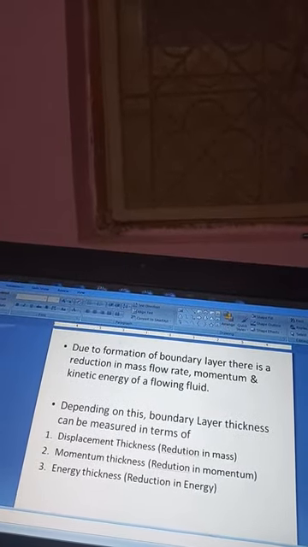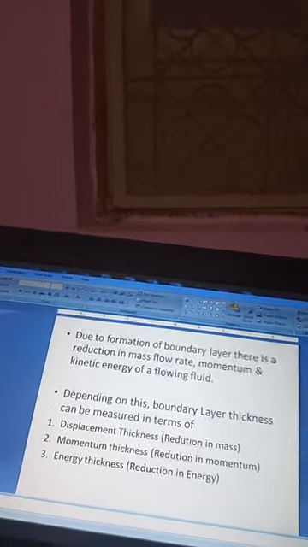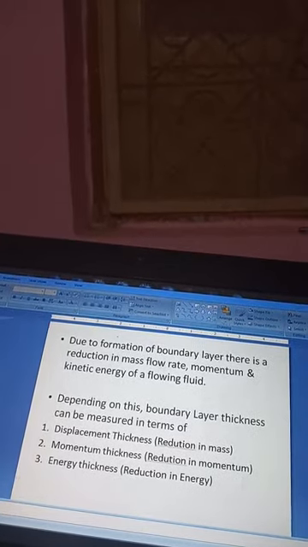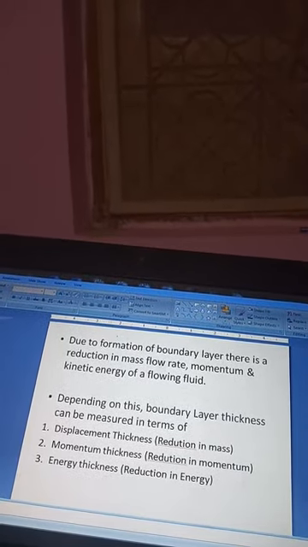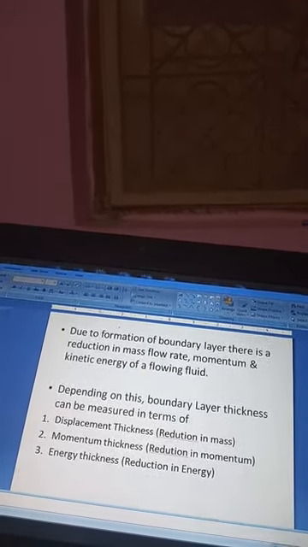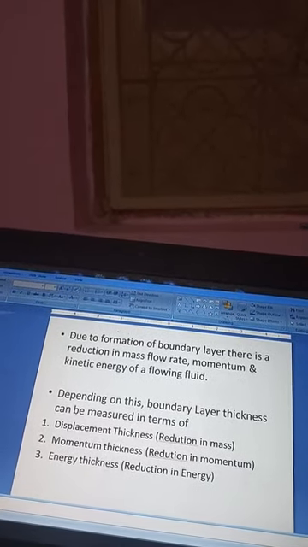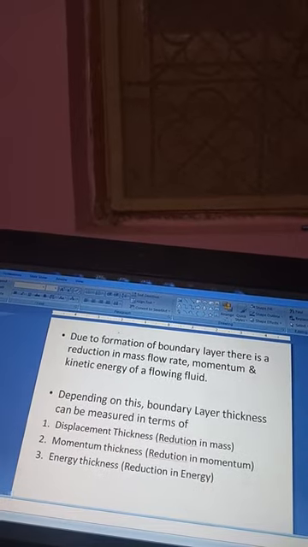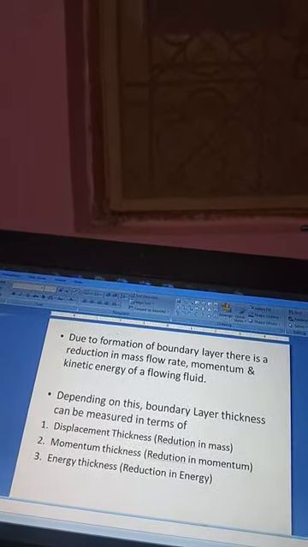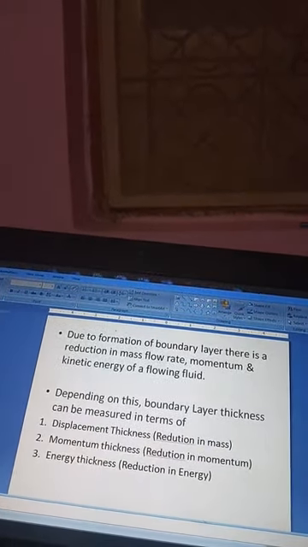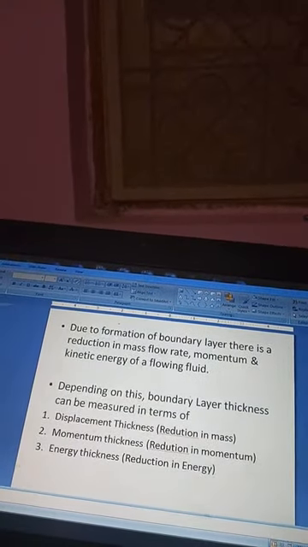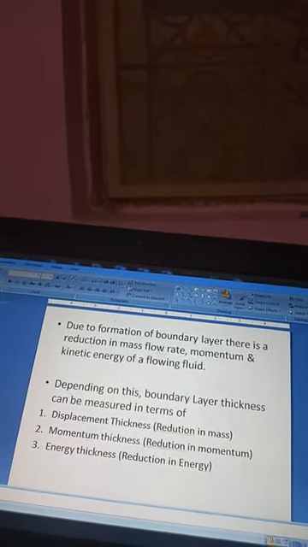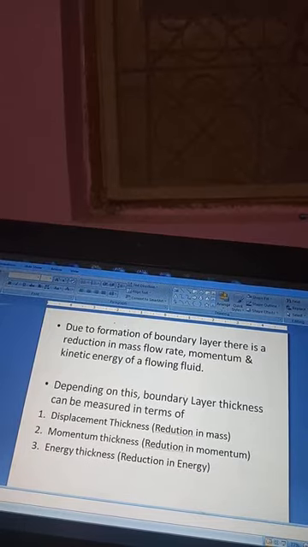So let us study the different terms involved in this boundary layer. As I have already told you, due to the formation of the boundary layer, there is a reduction in mass flow rate, momentum and kinetic energy of the flowing fluid. Depending upon this, the boundary layer thickness can be measured in terms of displacement thickness, that is reduction in mass, momentum thickness, reduction in momentum, and reduction in energy, that is called the energy thickness. So the concept is very simple.